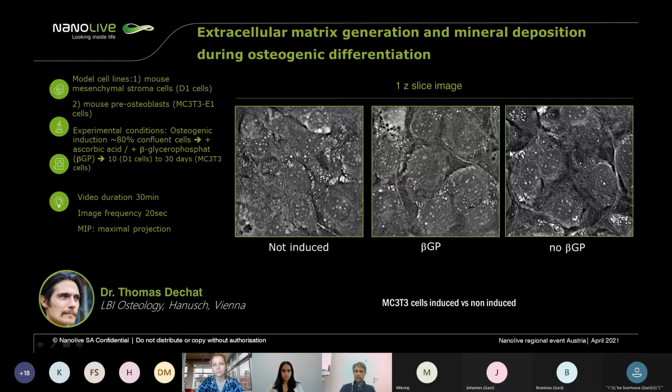As I said, it was just a demo, but this would be something very interesting to look into in more detail. Here it looks more like a matrix, which is missing here, and here maybe it's a little bit blurry because there's maybe mineral, and this makes the images a little bit more blurry, or you can't see the details so well.